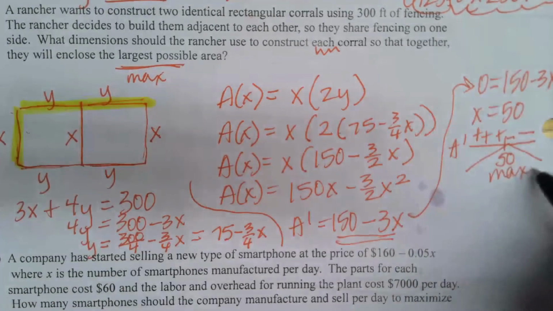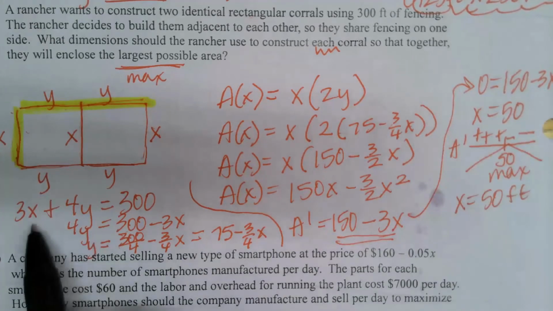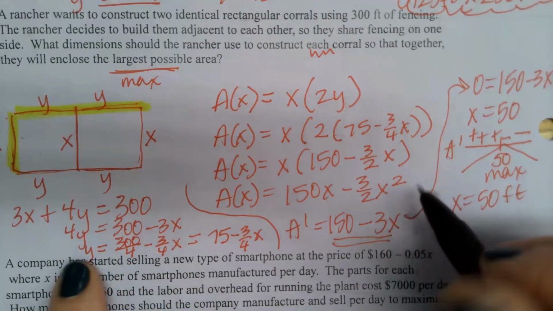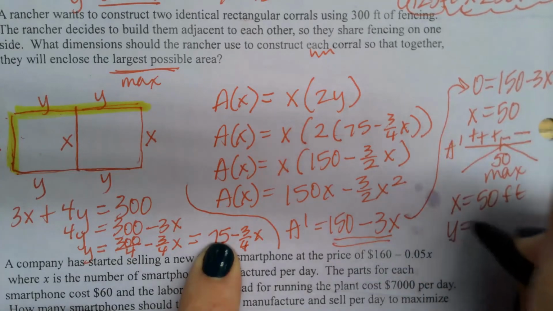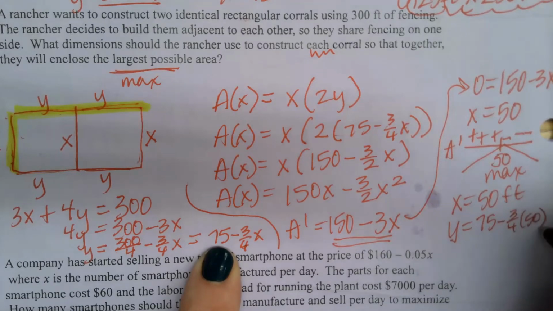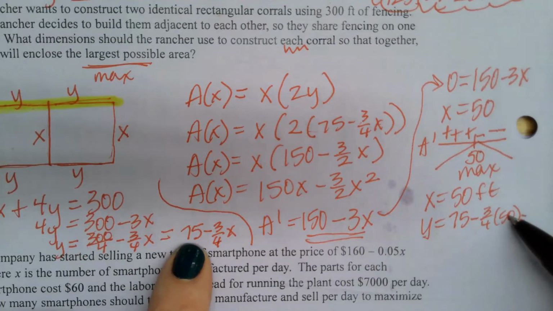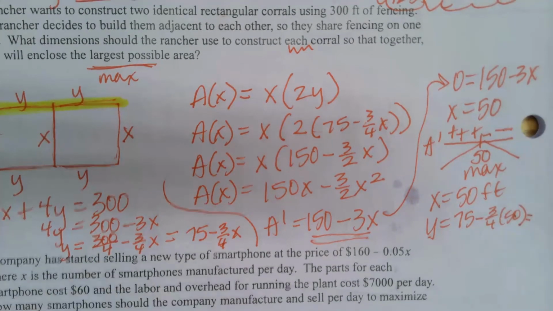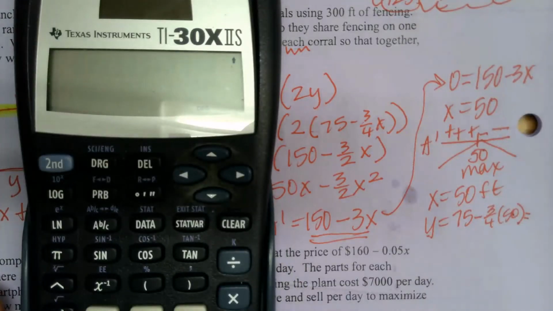I have the X. X is 50 feet. And then Y, my connector right here, Y is 75 minus 3/4 times 50. And so when I do that math, I'm just going to cheat and use a calculator because my brain doesn't feel like thinking right now.